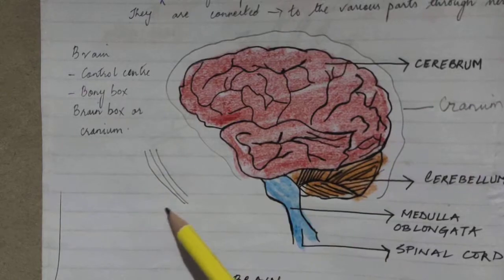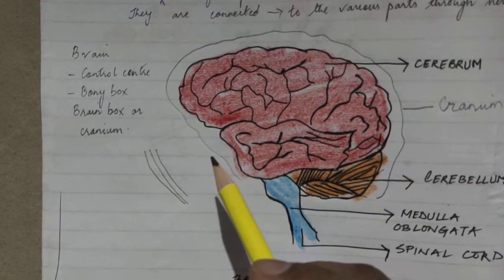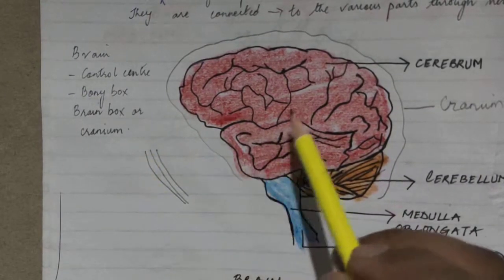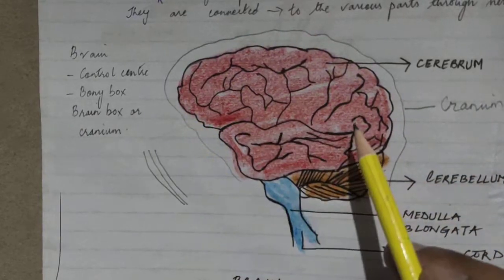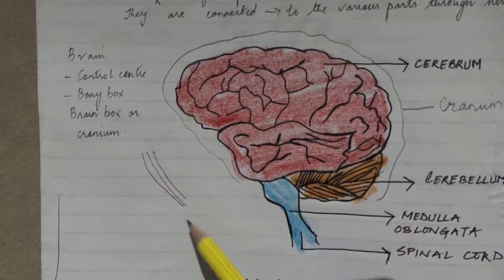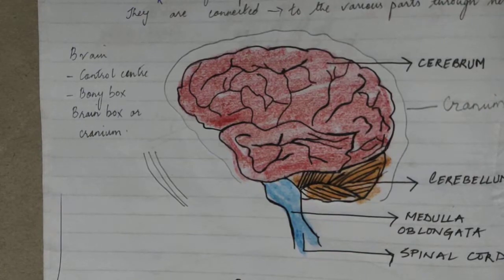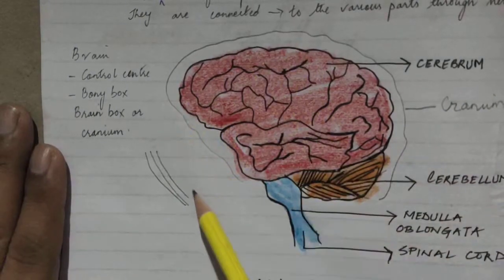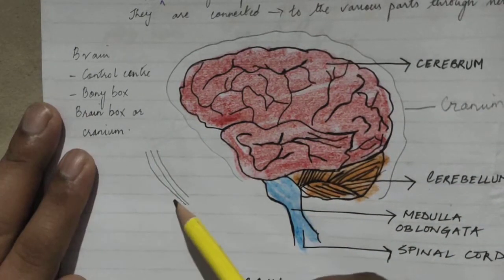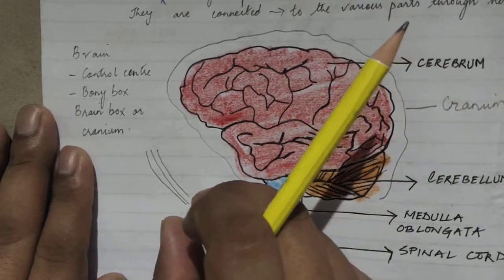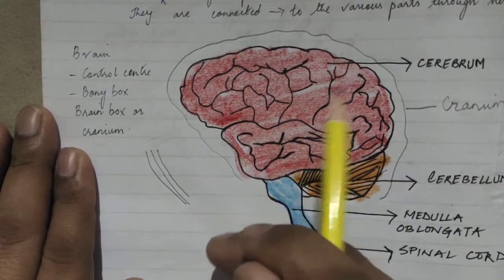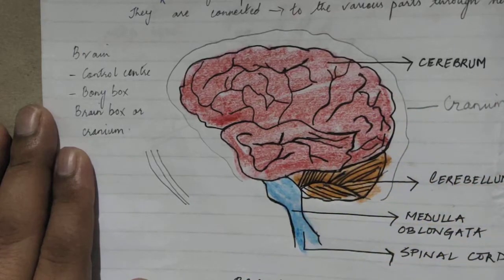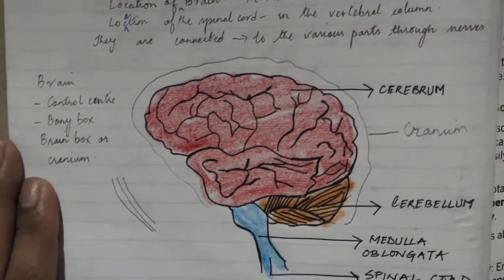This fluid fills the spaces of the brain and the central canal of the spinal cord. The three meninges along with the fluid are extended towards the spinal cord.